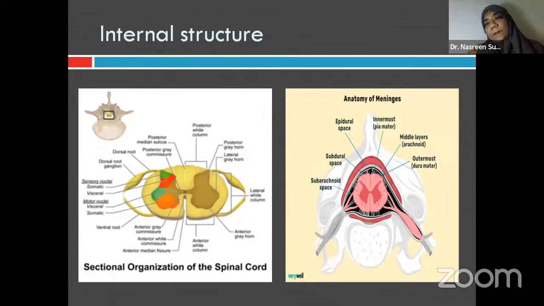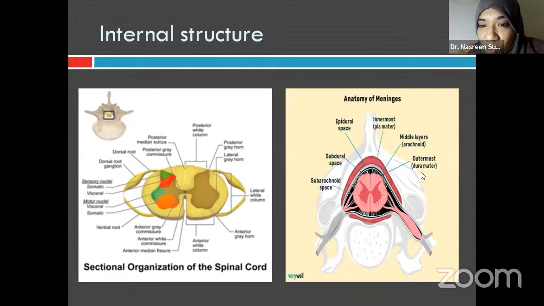Vertebrae you might have studied separately in the human skeleton system, so we are not discussing it in this spinal cord structure. So coming to the meninges, the brain and spinal cord are covered by three layers which are protective in nature. They are going to protect your brain as well as your spinal cord. So what are those three layers?